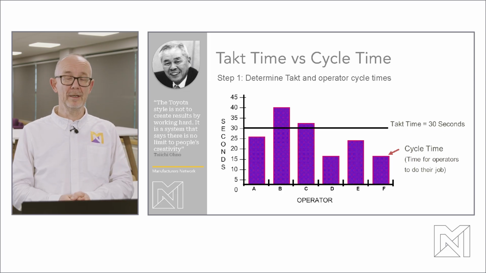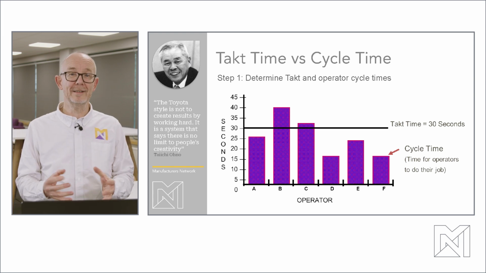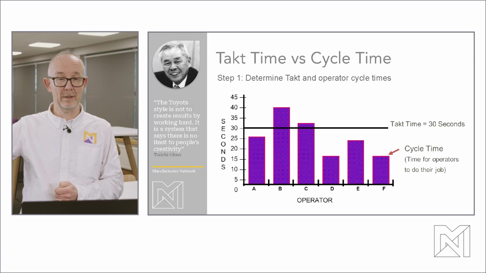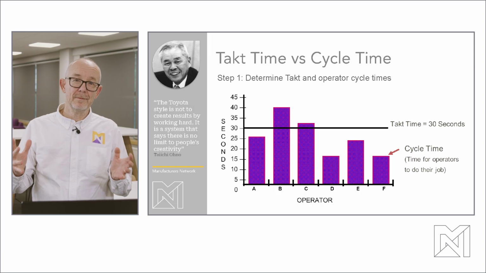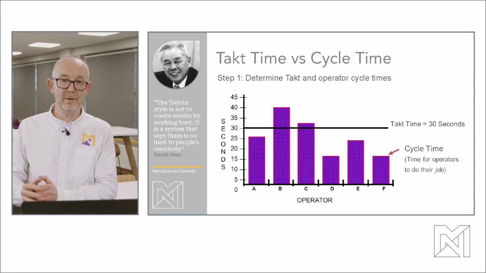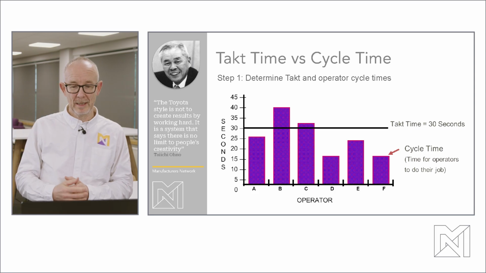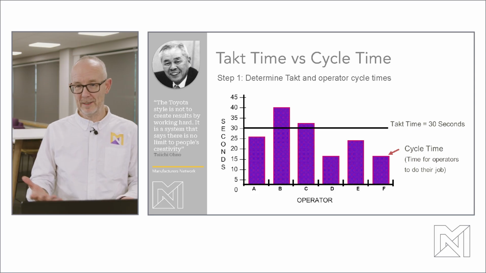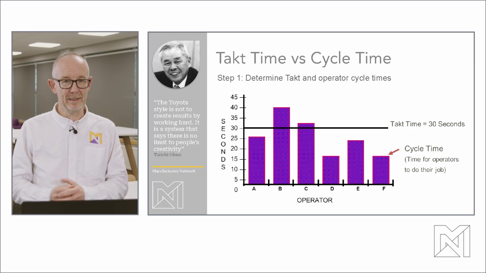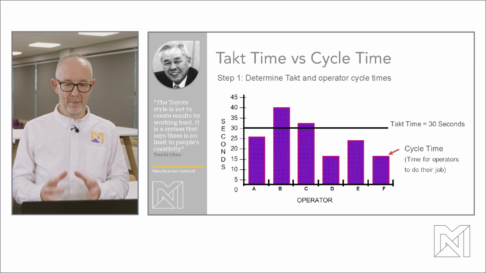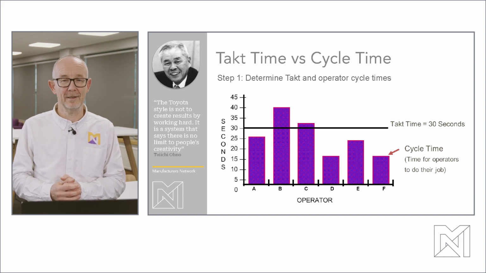And here's an example of a line balancing chart where, in this case, the takt time is 30 seconds. So that's represented by the horizontal line going across the chart. And then we have 6 production steps from A to F during the manufacturing process. And having calculated the typical or average cycle time for the operator activity within each stage, we're able to compare the bars representing the cycle time against the takt time.